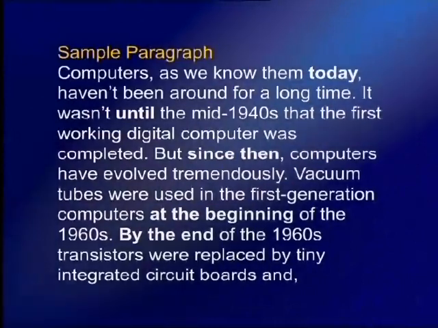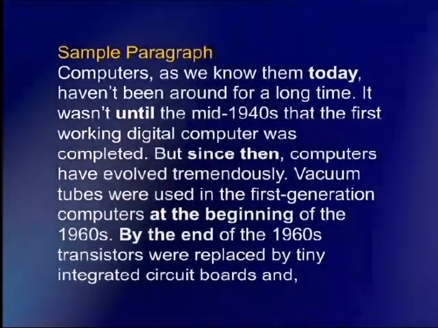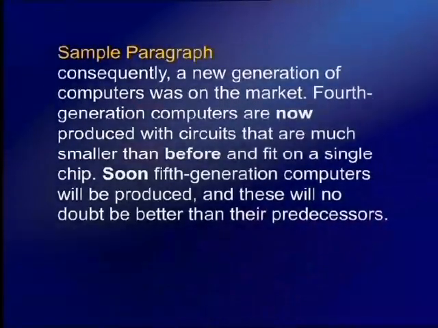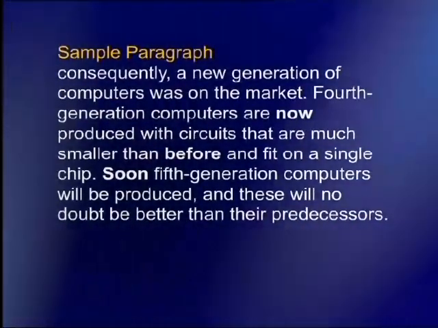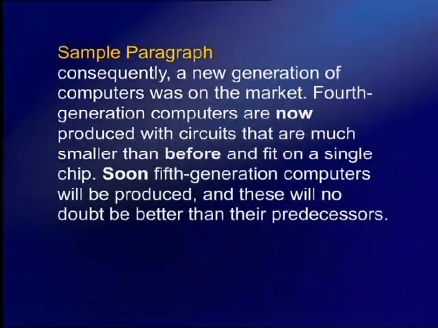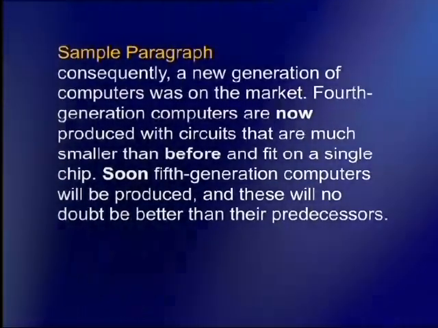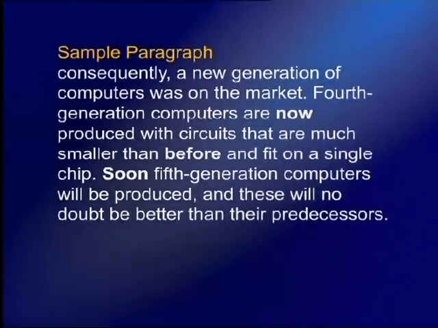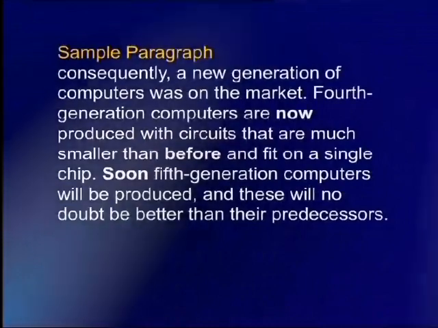By the end of the 1960s, transistors were replaced by tiny integrated circuit boards, and consequently, a new generation of computers was on the market. Fourth generation computers are now produced with circuits that are much smaller than before and fit on a single chip. Soon, fifth generation computers will be produced, and these will no doubt be better than their predecessors.